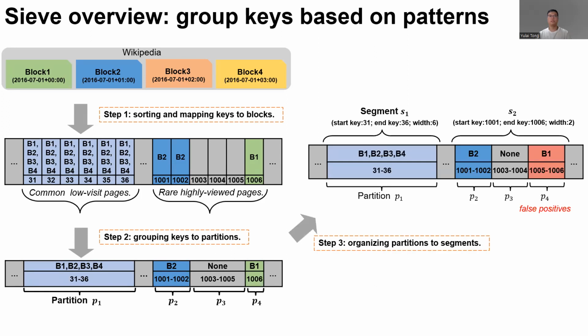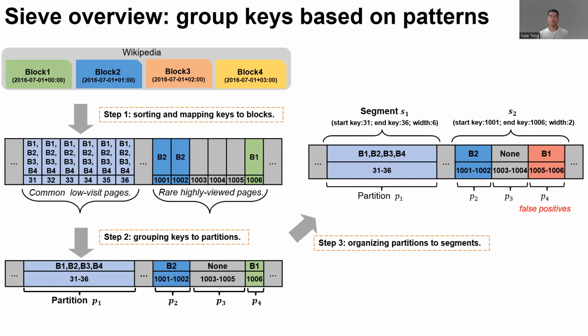The third step is segmenting. To further reduce storage requirements, SAVE merges partitions that map to different block sets by tolerating minor false positives. As shown, SAVE normalizes narrow partitions P2, P3, P4 to be equal size and groups them into a single segment.